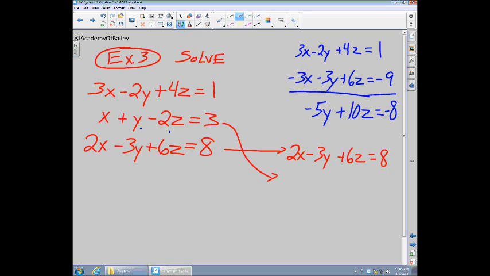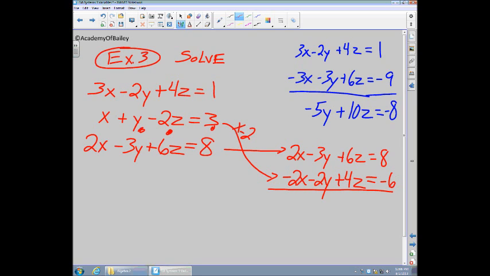And here, well, what do we have to do in order to cancel out those x terms? We have to multiply by negative 2. And if we multiply by negative 2, negative 2x, negative 2 times y is negative 2y, negative 2 times negative 2z, so negative negative makes a positive 4z, and negative 2 times 3 will leave us a negative 6.